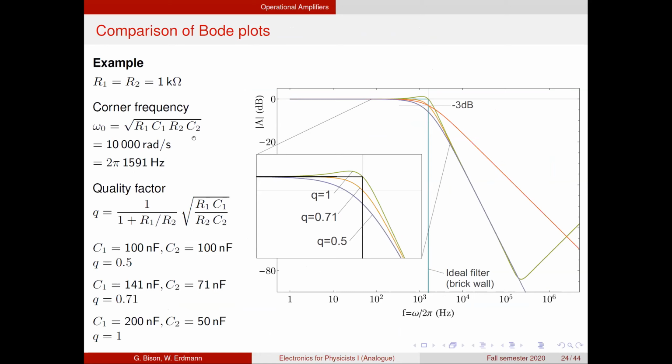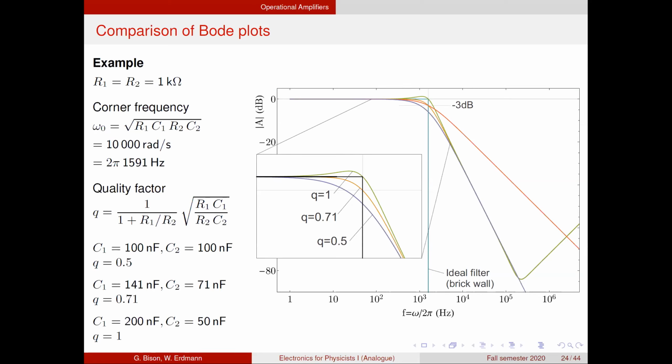And there's one more thing that we can choose. The ratio between the capacitors would not change the corner frequency, but it changes a different quantity, and that's called the quality factor. And the transfer function here depends also on that quality factor.